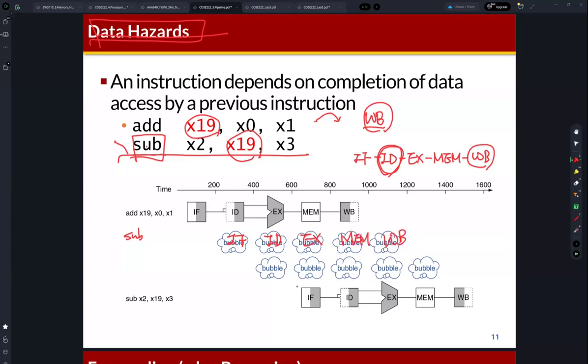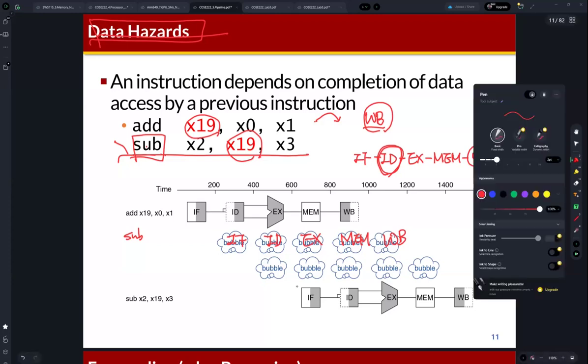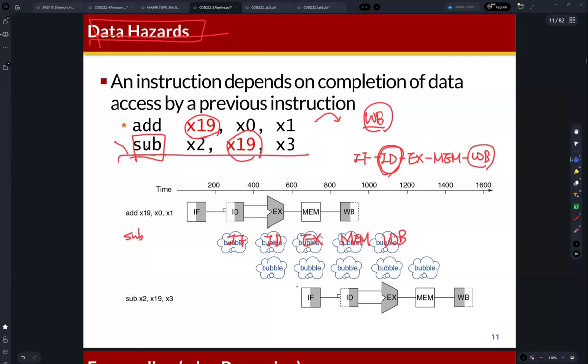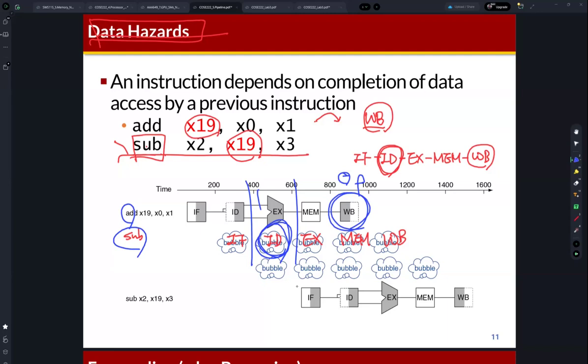Then what's the problem? The add instruction will write the data in the write back stage. So this is a time, right? But the sub instruction needs to read data at this time. So this is the future, and this is the past. This is not possible in the real world, right?